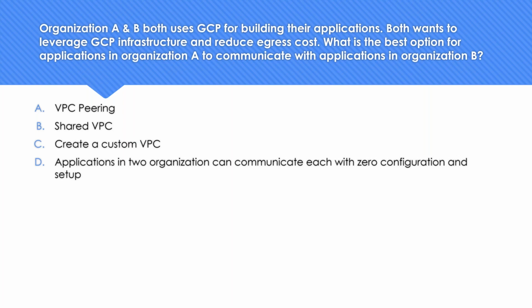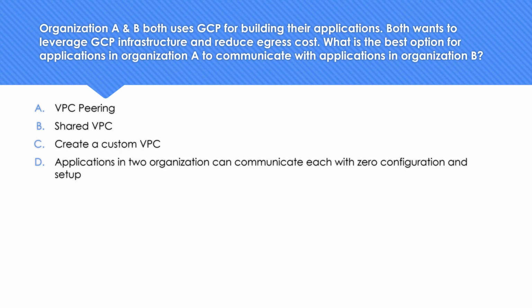So from application A, which is in organization A, maybe there's a project called project A, a GCP project, and there's an application running. And if that application needs to access an application in organization B, which is in project B, and if they use internal IP addresses, we have seen in our last class, you can reduce the egress cost to a great extent.